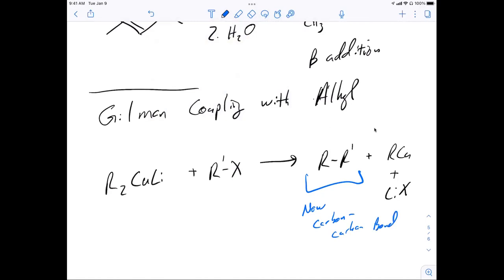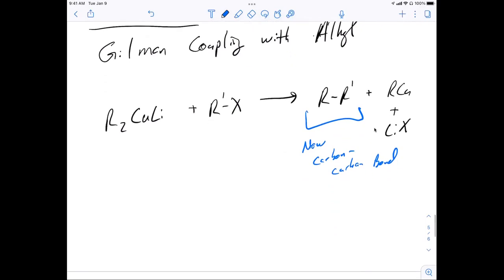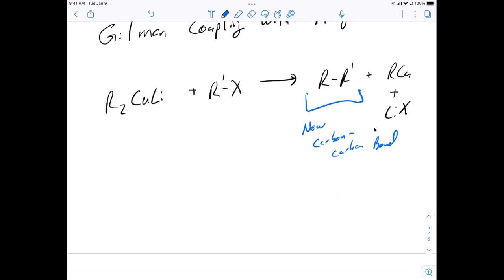And so far, everything except for the strong base reactions, we've been forming carbon-carbon bond reactions. This one's interesting because if you think about it, I could start with this iodide, react that with lithium, then react that with the copper halide, that then makes the cuprate.